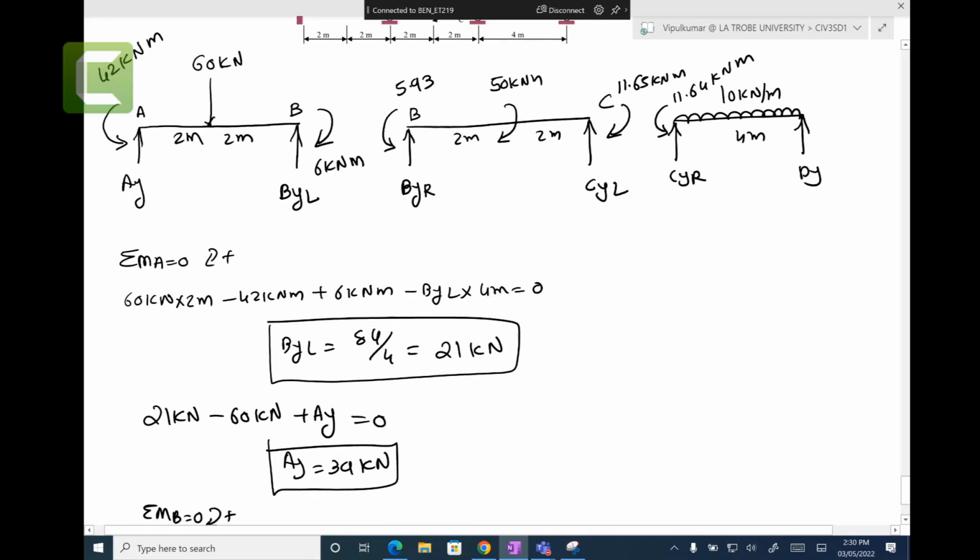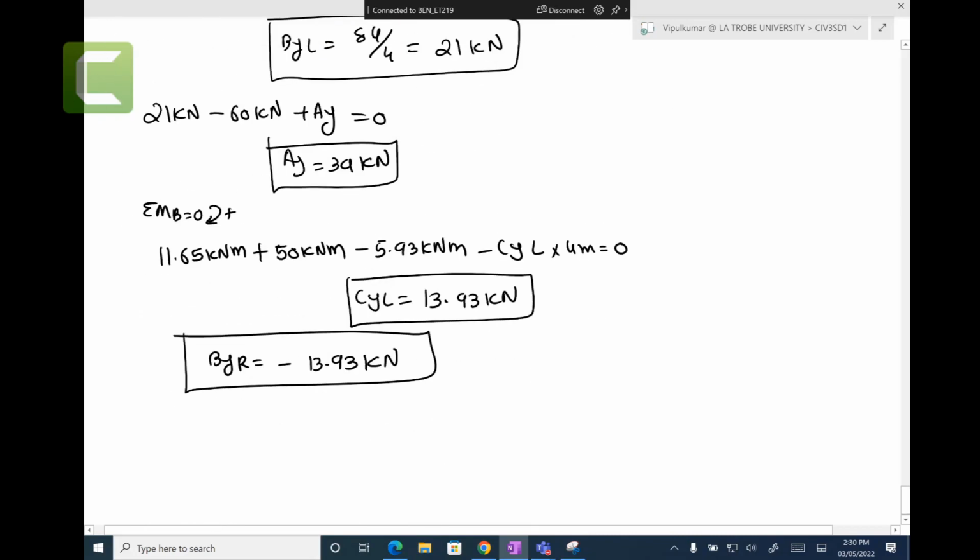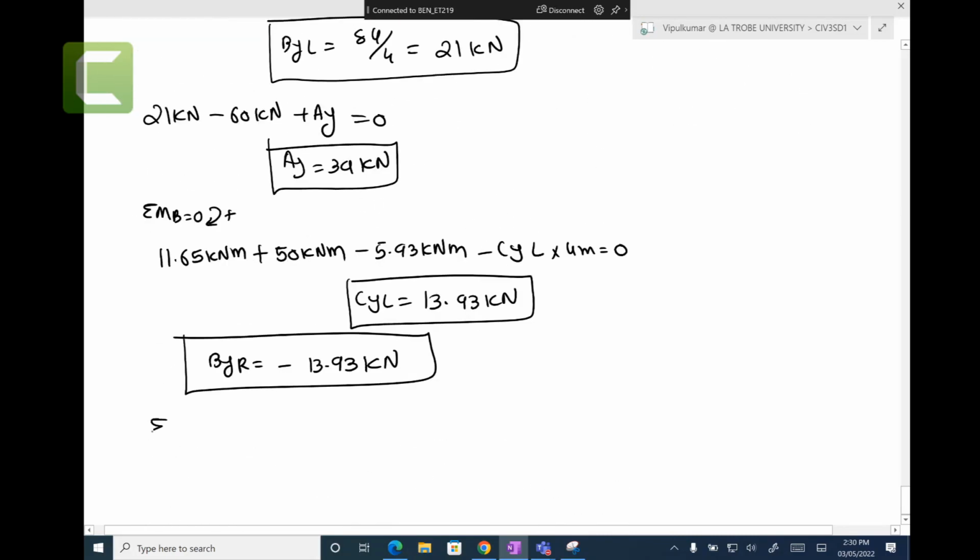Two more to go. Sum of the moment at C equal to 0, clockwise positive.